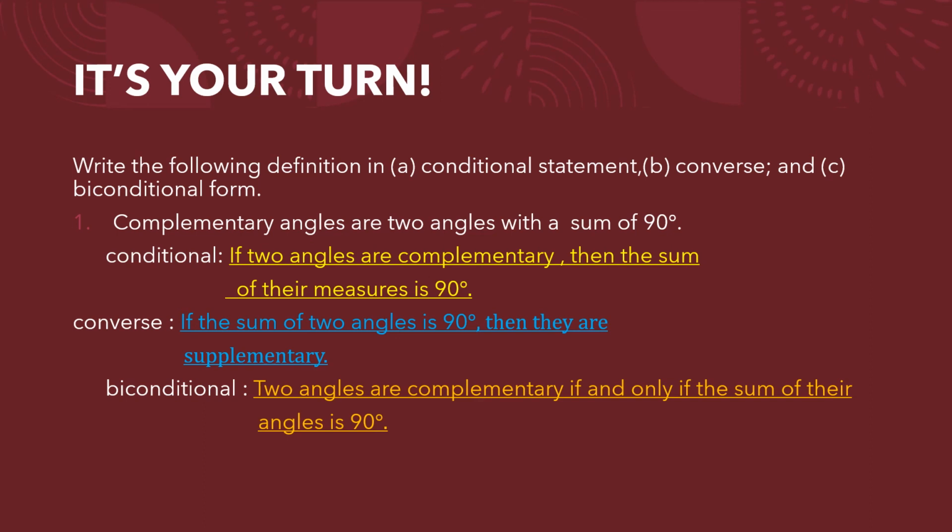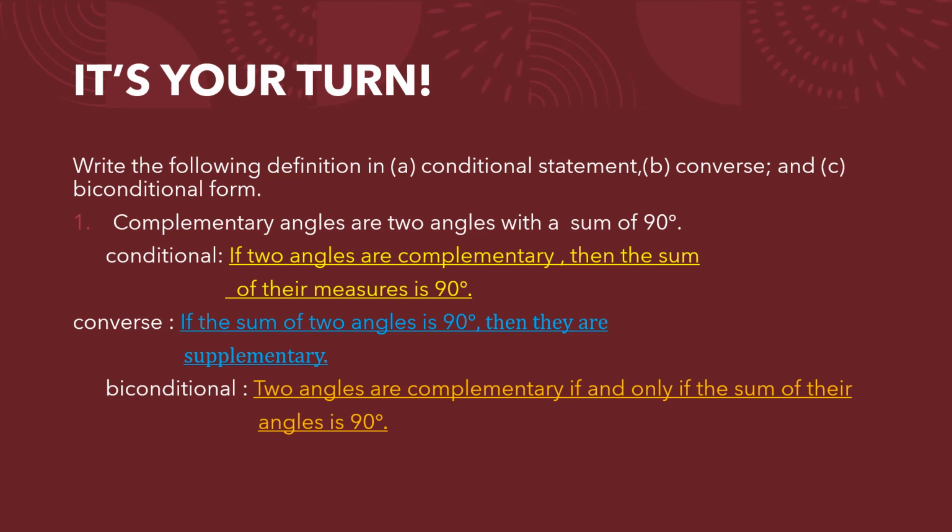In the conditional, if two angles are complementary, then the sum of their measures is 90 degrees. Is it true? Yes. So conditional, true. For the converse, if the sum of two angles is 90 degrees, then they are complementary. True or false? That's right. It's also true. So conditional is true, converse is true.